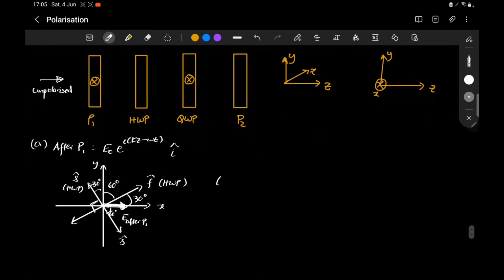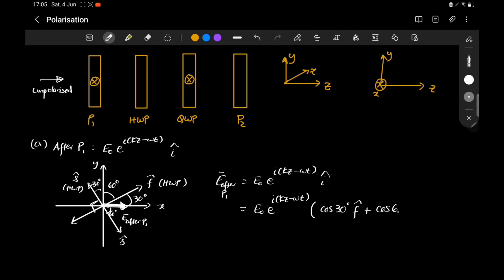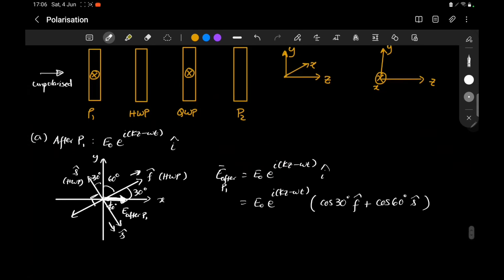So this, let us say, is the positive direction for F, and this is the positive direction for S. So this is the decomposition along positive F and positive S, F cap and S cap.